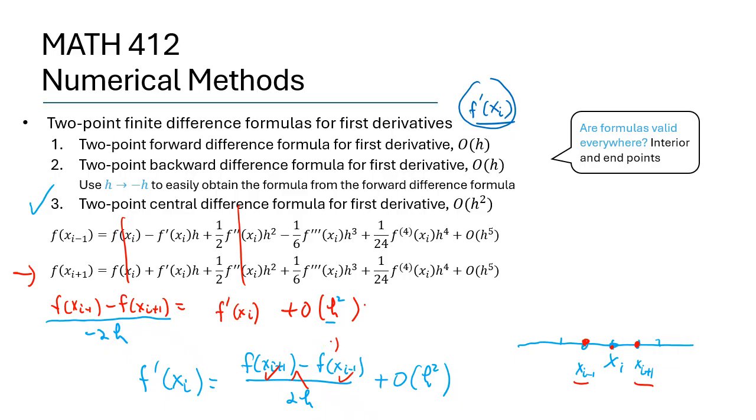This formula is better because the truncation error is big O of h squared. When h goes to 0, that's way better than big O of h.